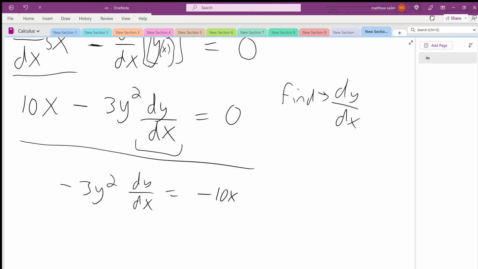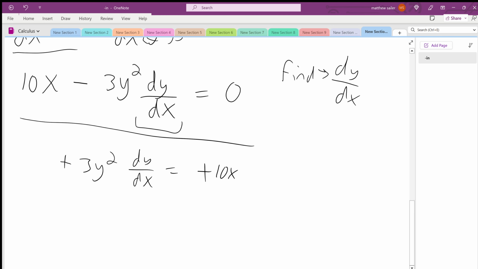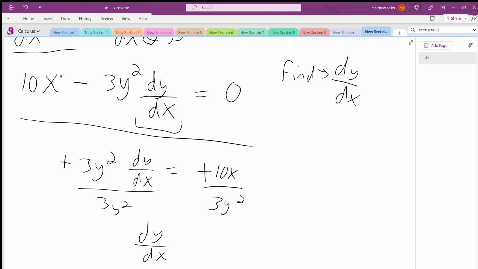We can multiply both sides by negative 1 just to get that negative to go away. And then we can divide by 3y squared. And we are left with dy over dx equals 10x over 3y squared. And there we go.